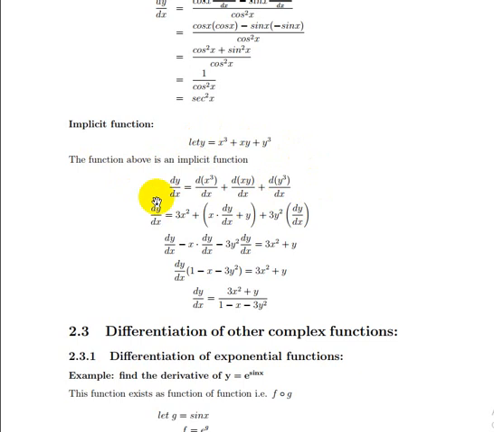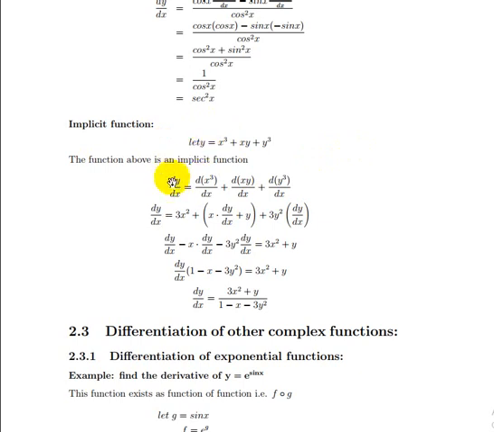This is where it's going to be very useful. So when you differentiate implicitly, you say that this y here is a function on its own. Anything which is not x in an implicit function is a function for itself. So this y here is going to be considered as a function.